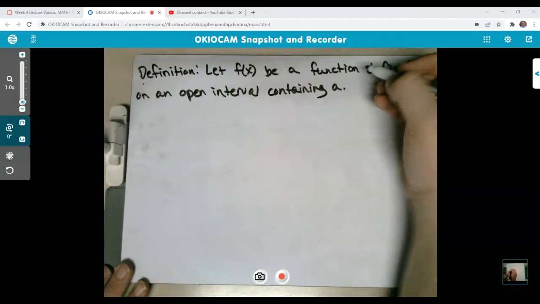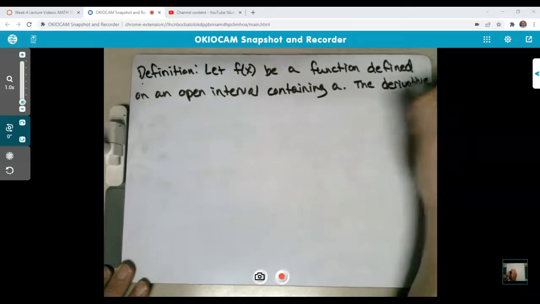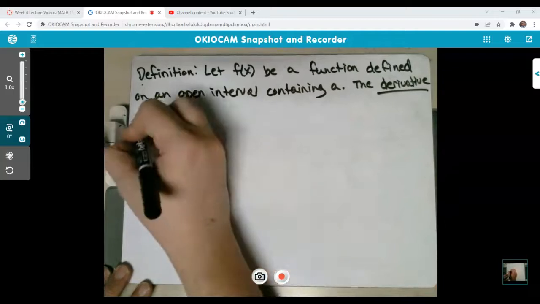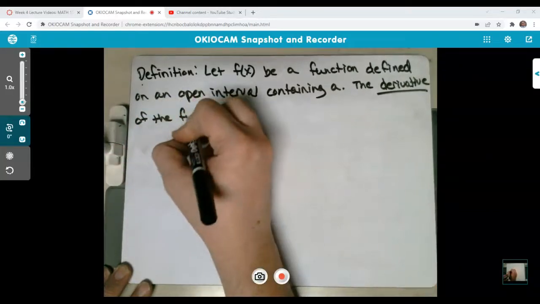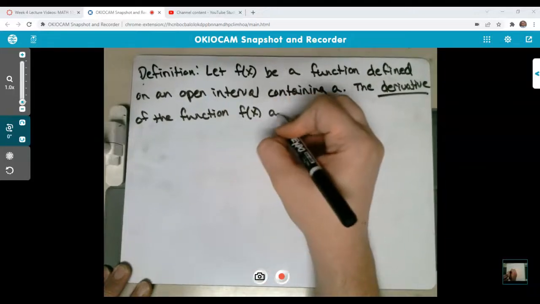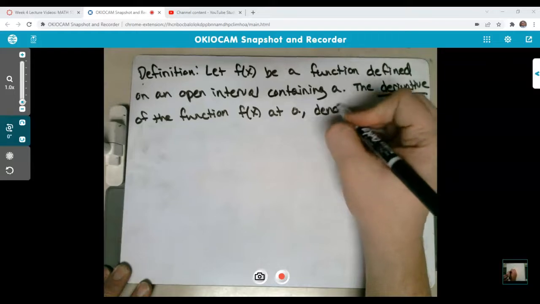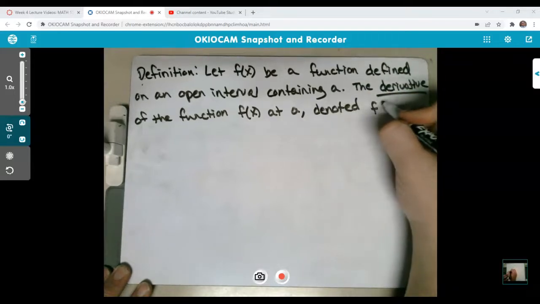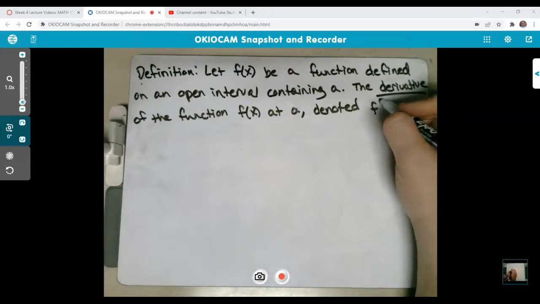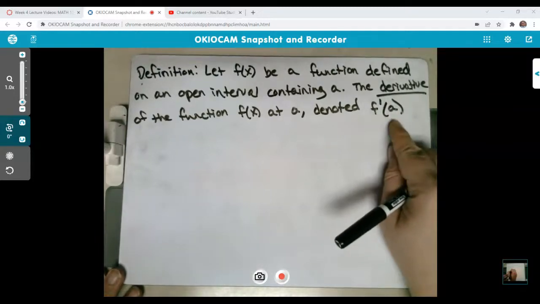The derivative of the function f of x at that number a, which is denoted as f with an apostrophe a, that's like saying f prime a.